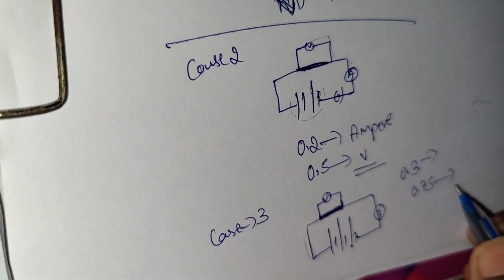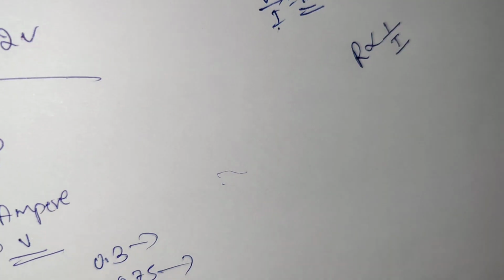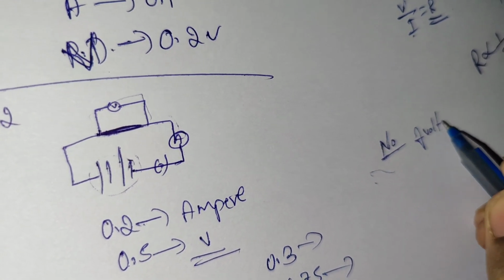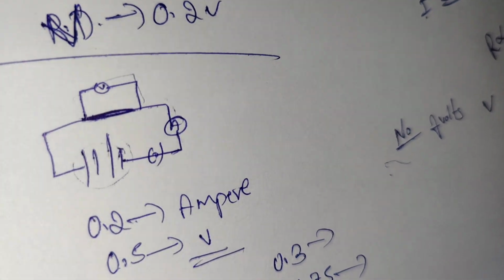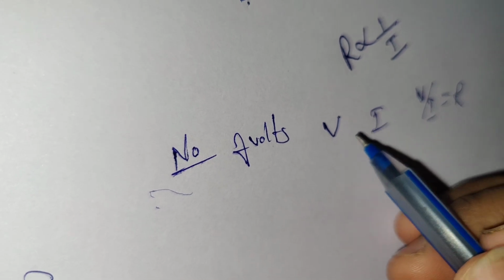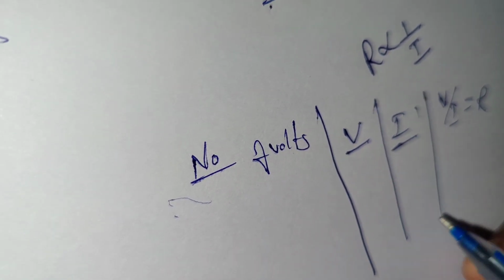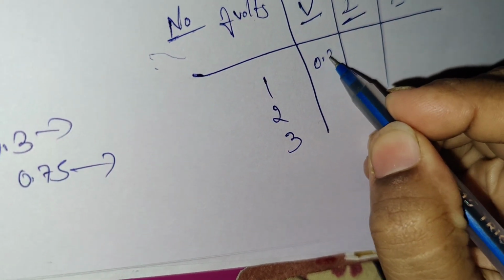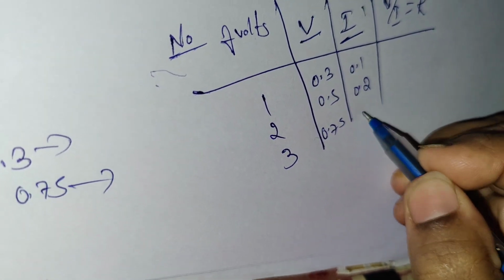volts of potential difference. Okay, by these values we can find resistance also: number of volts, potential difference, current, V by I is equal to R. In all 3 cases, let us see: 0.5, 0.1, 0.2, 0.3.